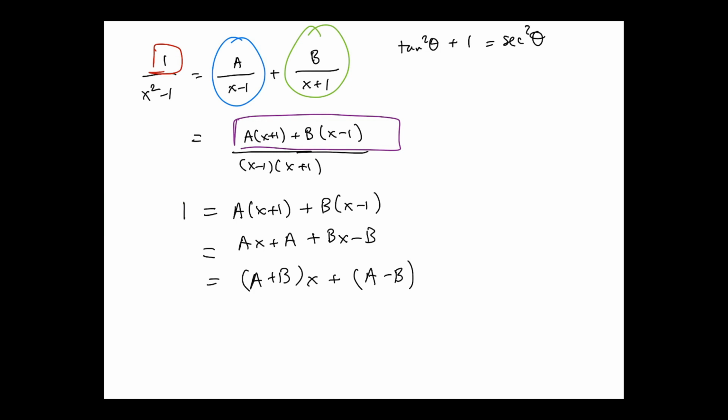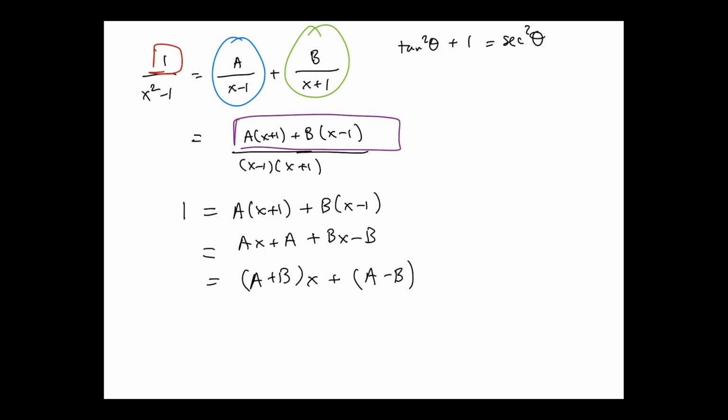Okay, so essentially all I did was just collect like terms, right? If I had a 7x and a 3x, I'd put those together as 10x. It's just here I've got a and b instead of specific numbers. Okay, is that all right? Good?